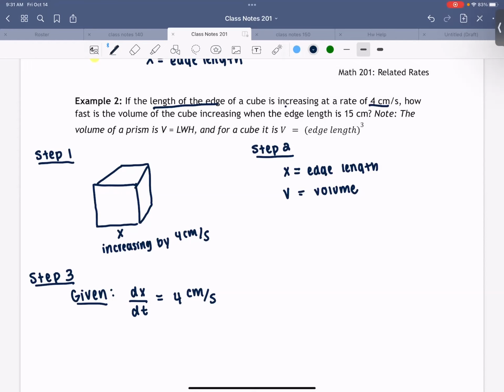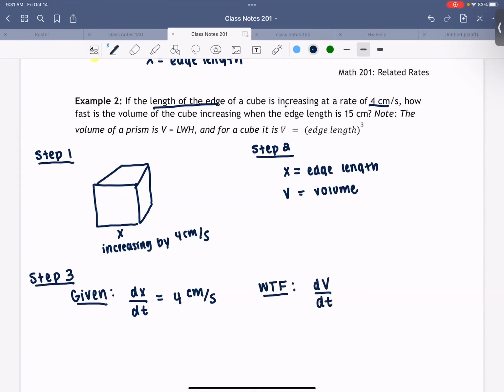Okay, now we need to figure out what we want to find. Oh gosh, I did not. Okay, we'll just keep it like that. We want to find something. What do we want to find here in terms of derivatives? dV over dt. Yeah, we want to find how fast the volume's changing, or dV over dt.